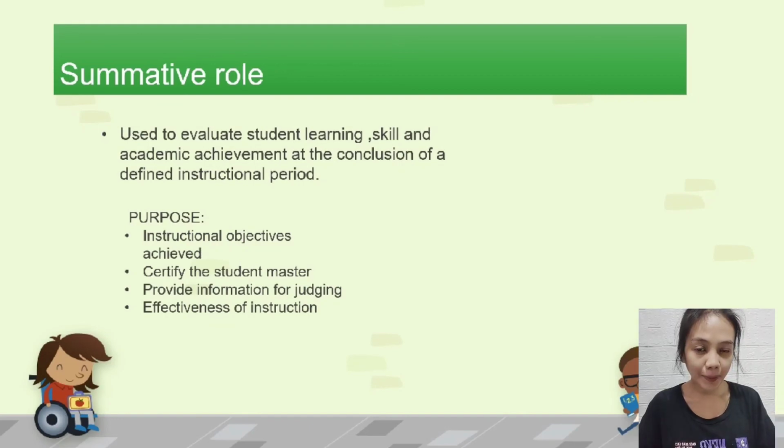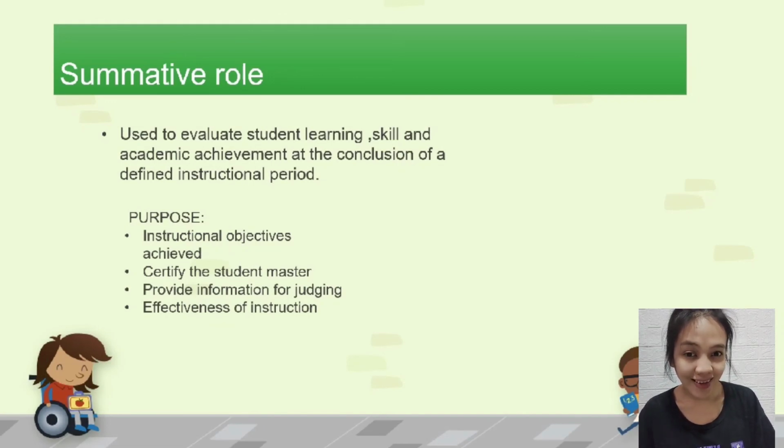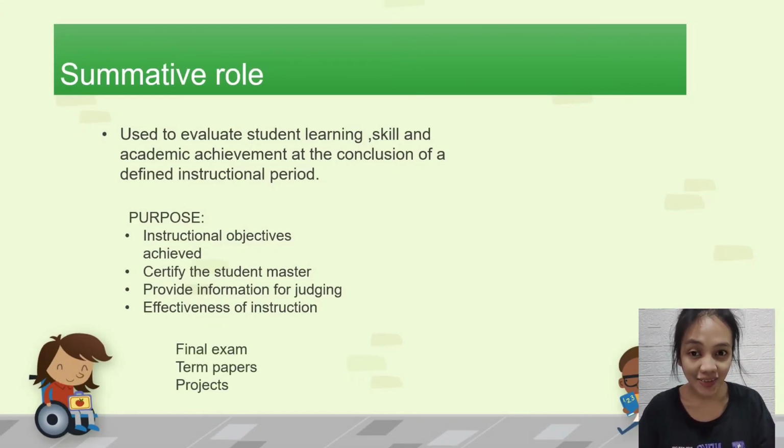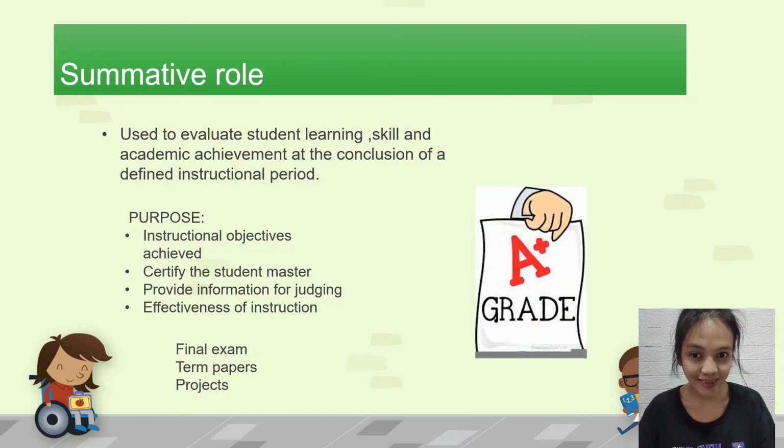The purposes of a summative role are to check if instructional objectives are achieved, certify student mastery, and provide information for judging the effectiveness of instruction. Summative results are recorded as grades and scores. The types of summative assessment are final exams, term papers, and projects.